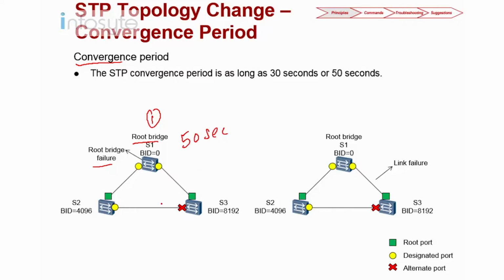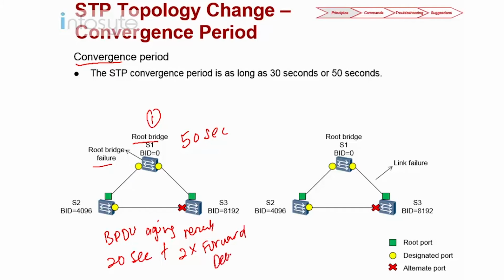The reason is that you need the BPDU aging period, which in this case is 20 seconds, and we also need two times the forwarding delay. Each forward delay is 15 seconds, so it's 15 times 2. Altogether we have 20 seconds plus 30 seconds, that is 50 seconds if there is a root failure. Now 50 seconds is a really long time, so a root failure is not desirable.